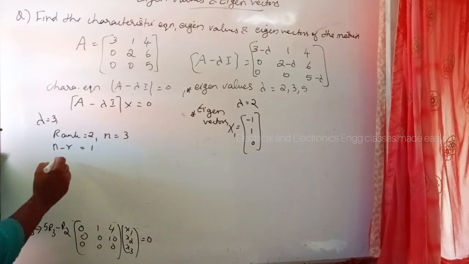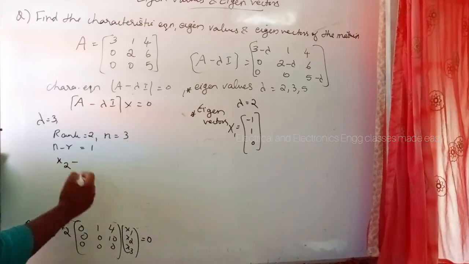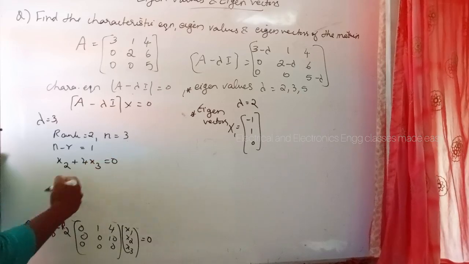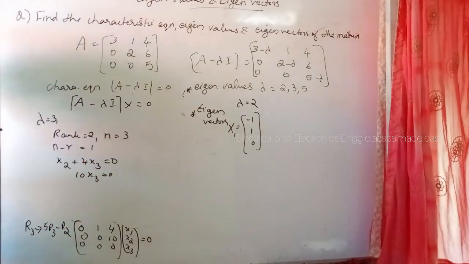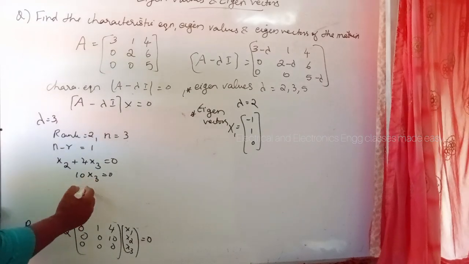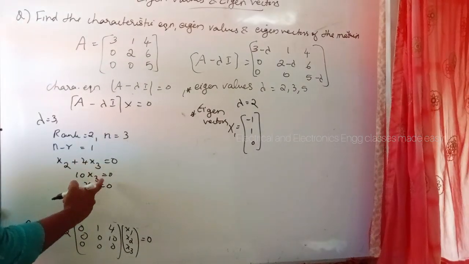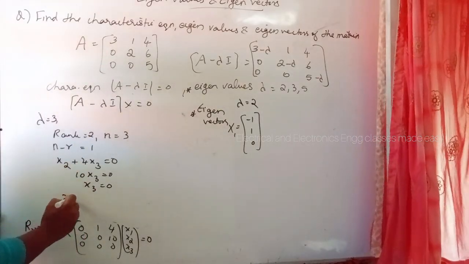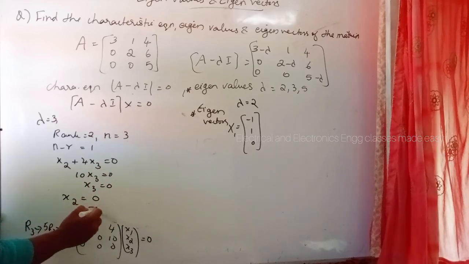So from this equation we can write x2 plus 4x3 equal to 0, then 10x3 equal to 0. So from this equation we get x3 equal to 0, and when x3 is equal to 0, we will get x2 is equal to minus 4x3, that is 0.